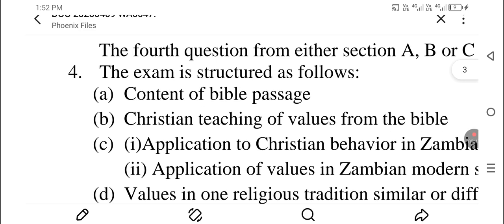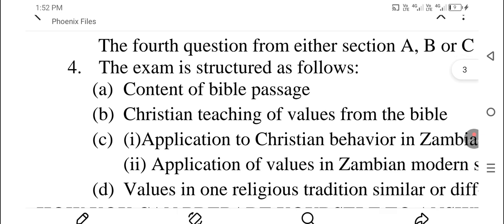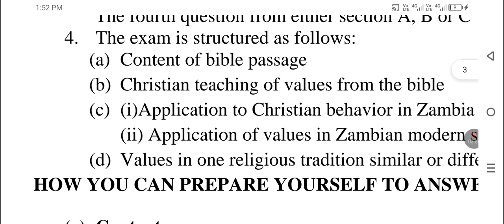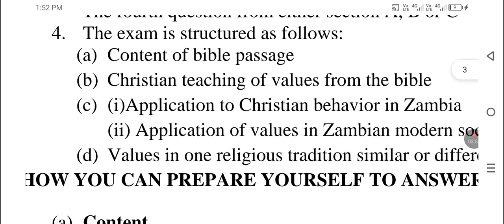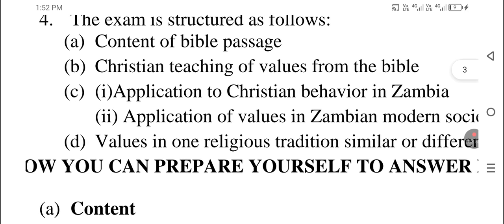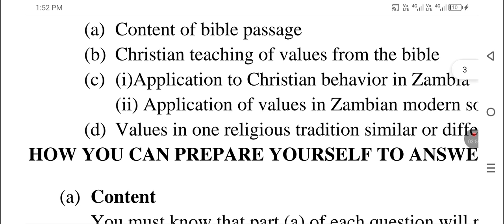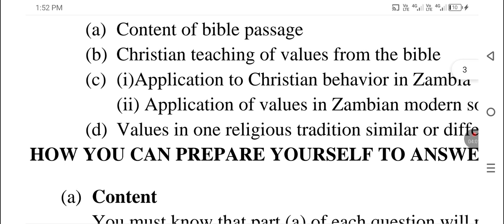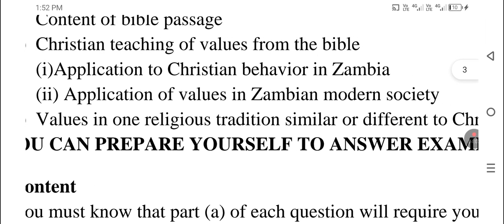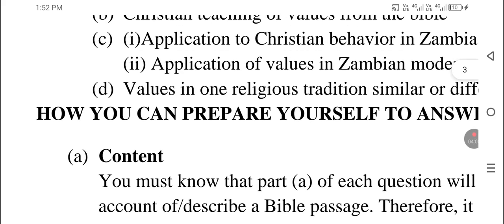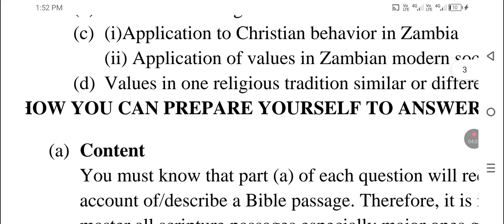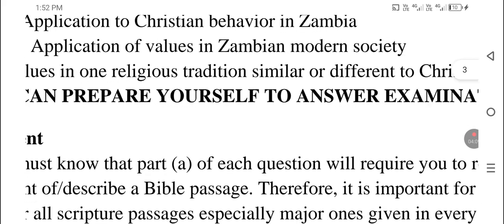Another one is that the exam is structured as follows. A is the context of the Bible passage. B is Christian teaching or values from the Bible. C1 is application to Christian behavior in Zambia. C2 is application of values in Zambian modern society.